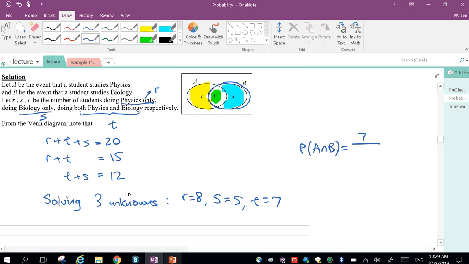Agree? Out of total 25. So this is the answer. Okay? Sorry, let me write down something. This is the number of elements in A intersect B divided by the number of elements in the sample space. Okay, so this is 7 out of 25. Okay, clearer for you.